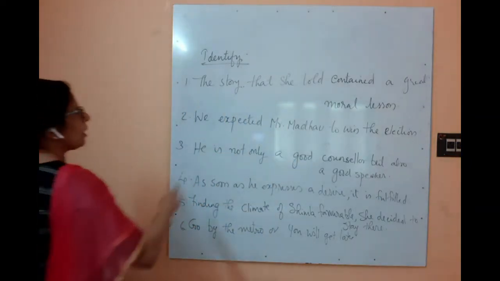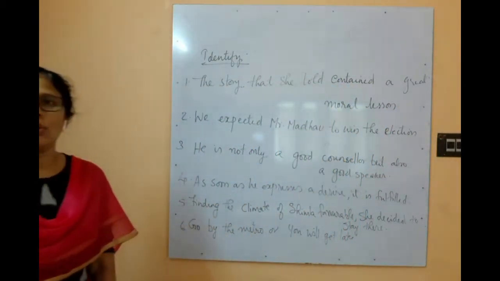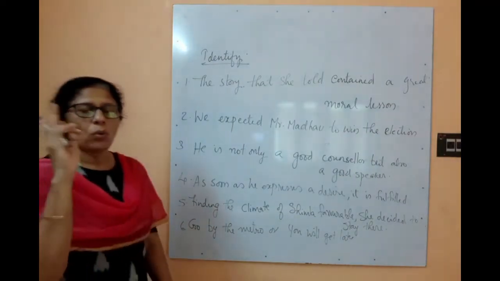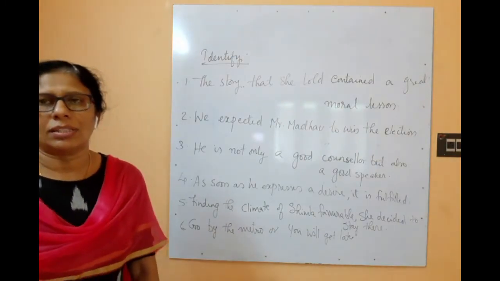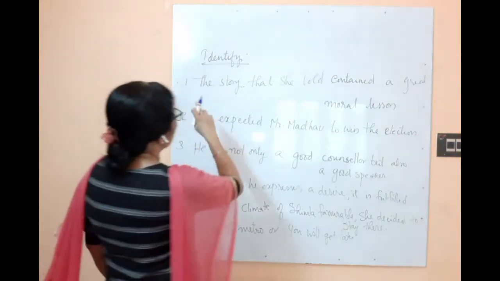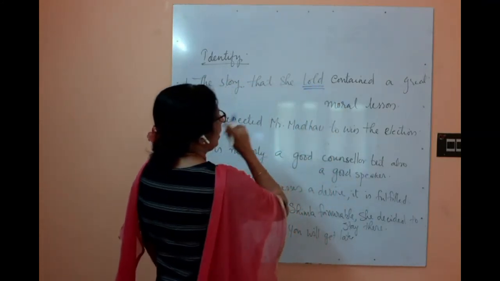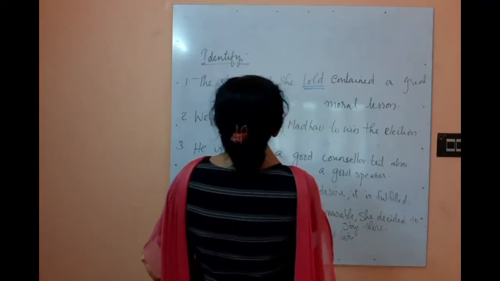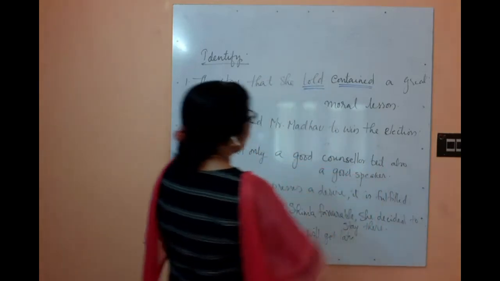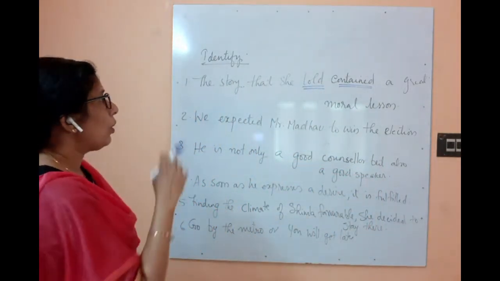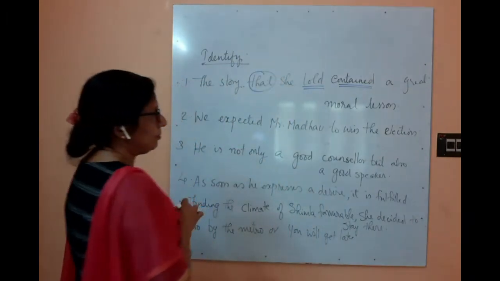Okay, so first one: the story that she told contained a great moral lesson. First thing you have to find out is whether only one main clause is there, or one main clause and more than that, or which conjunction is used there. By looking at the story that she told, we find one verb, contained. As she told, again one more verb is there. So two verbs, and we can see that one conjunction is also there.